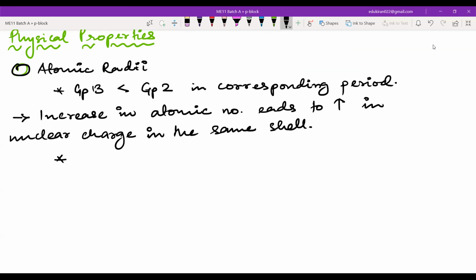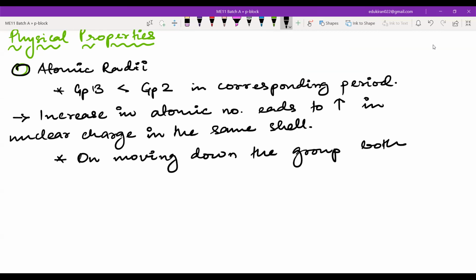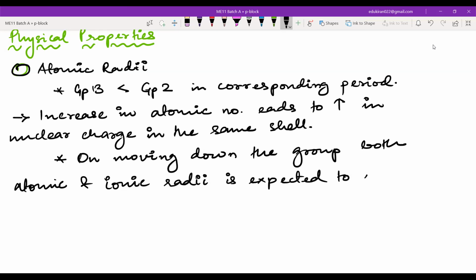On moving down the group, both atomic and ionic radii are expected to increase.